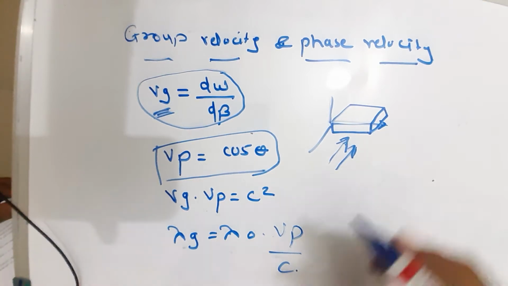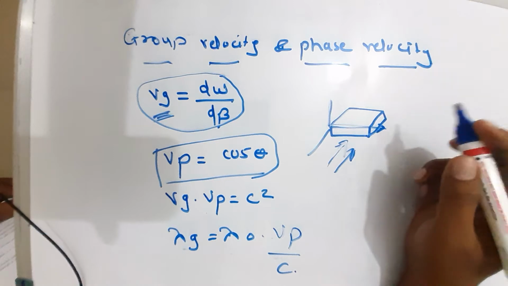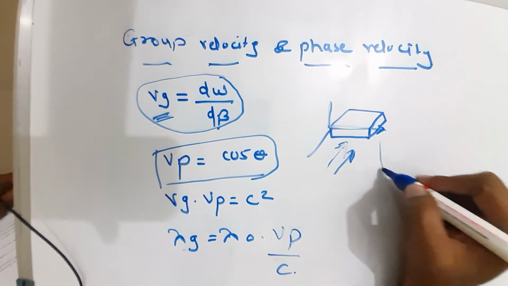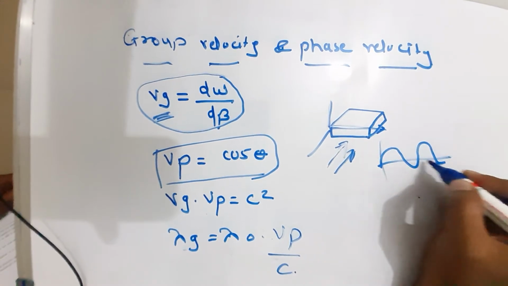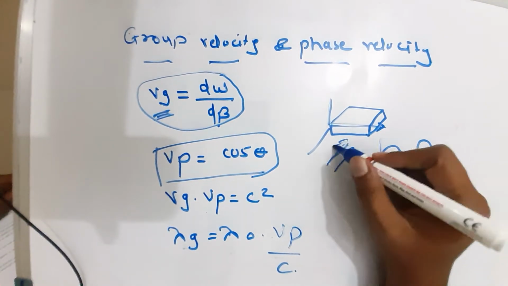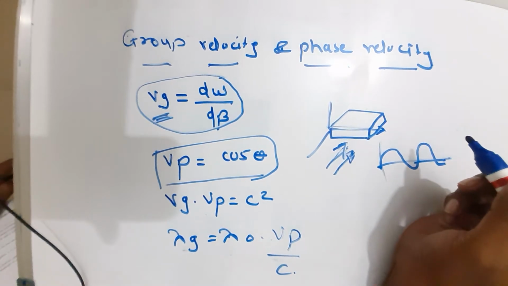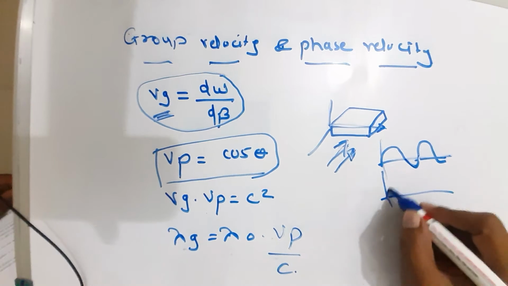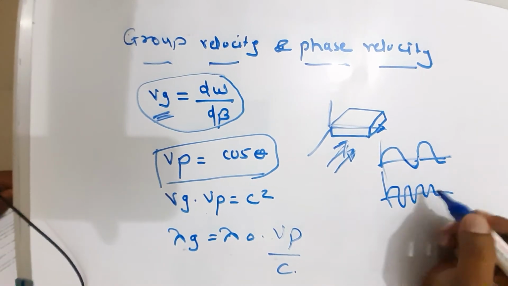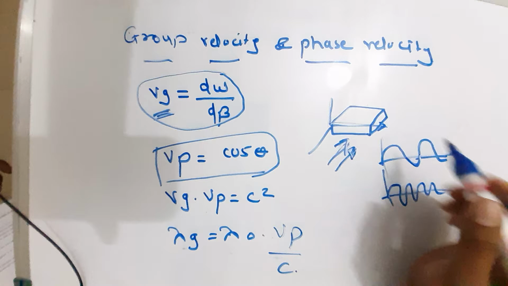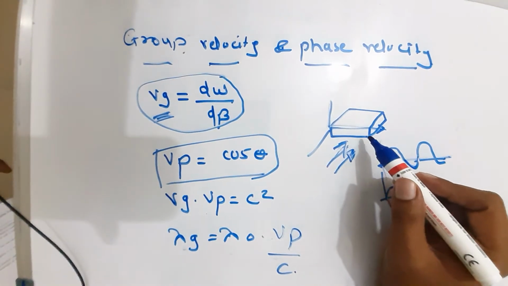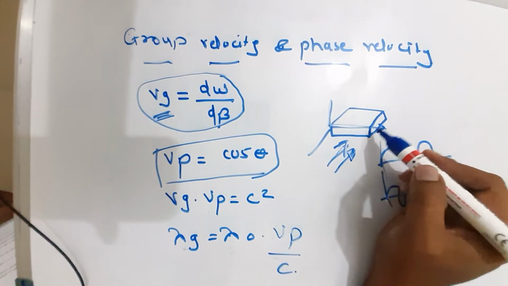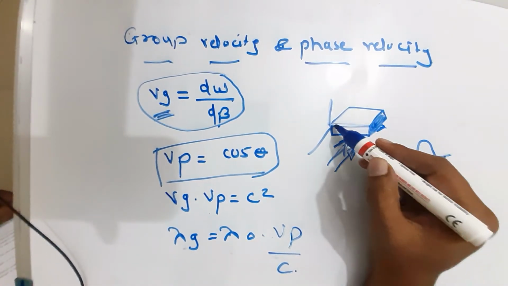For example, this is a wave traveling inside this hollow rectangular waveguide, so its phase will change.